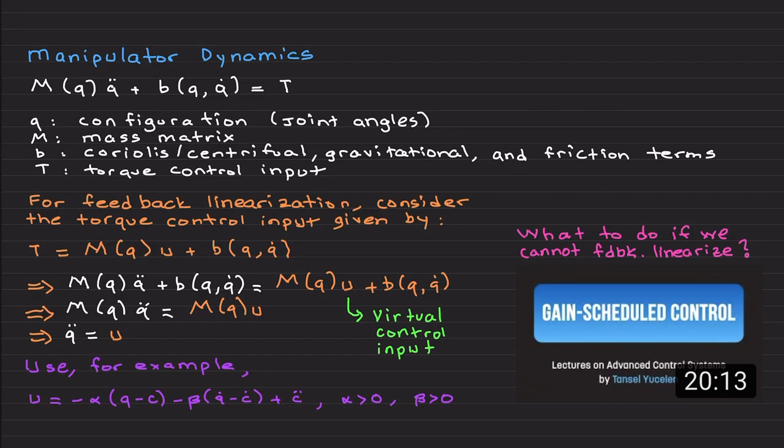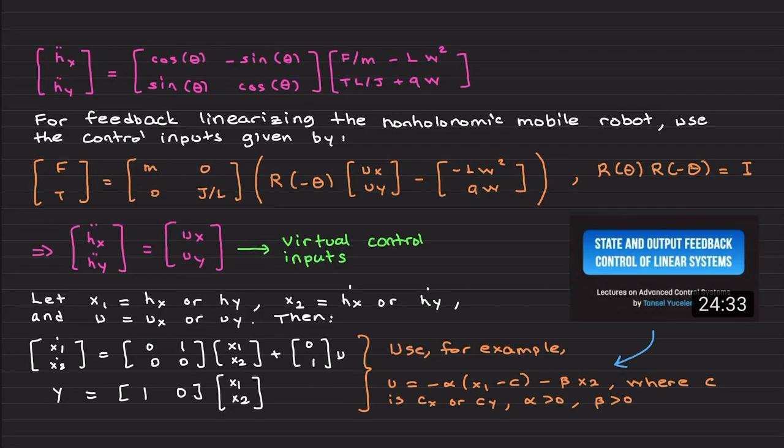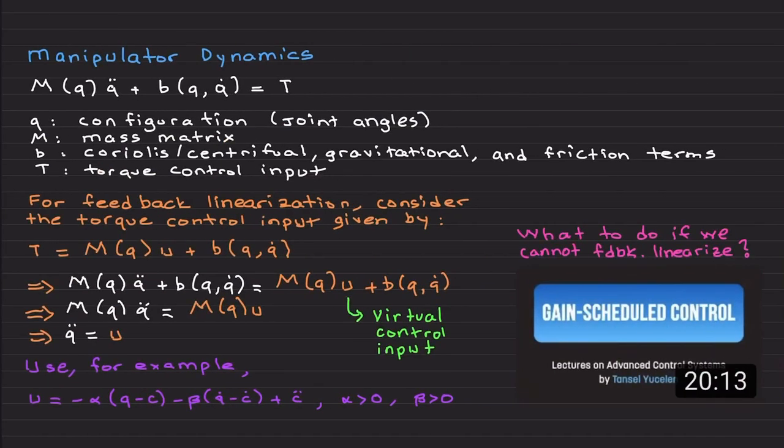You can use, for example, this type of controller that includes C dot and C double dot. This is your command that comes from the least squares problem or a generated trajectory. You can also implement this without these terms, in which case you recover the control signal I just covered. I just wanted to write different types of control signals for different examples. You can use both of them.